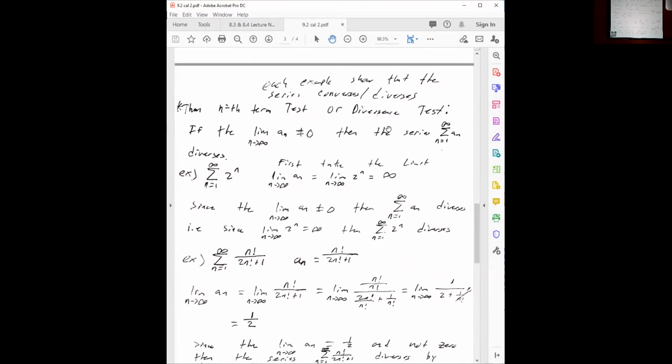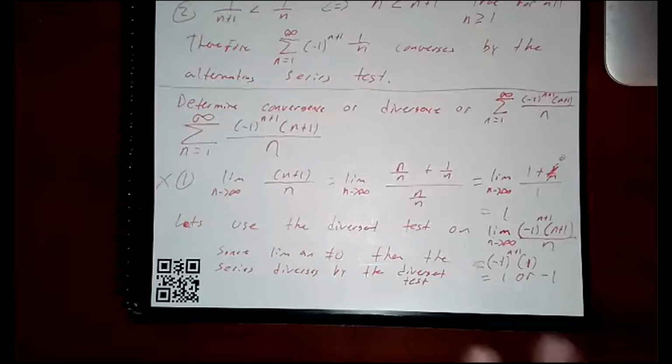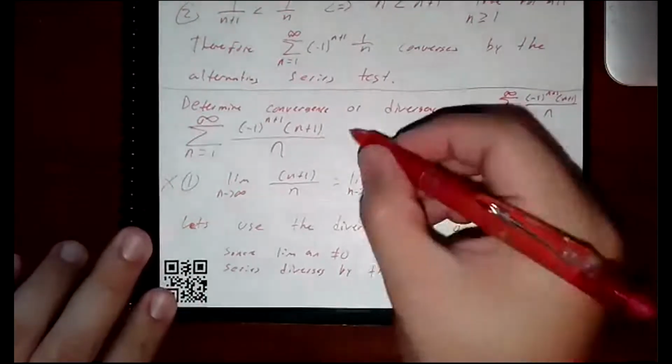The nth term test, or the divergence test: if the limit of the sequence is not 0, and our limit was 1 and negative 1 over and over again, meaning the limit does not exist, then the series, the summation of a sub n, diverges using the divergence test. So it diverges.